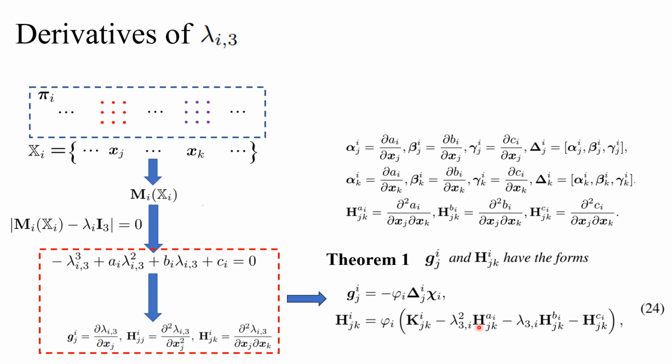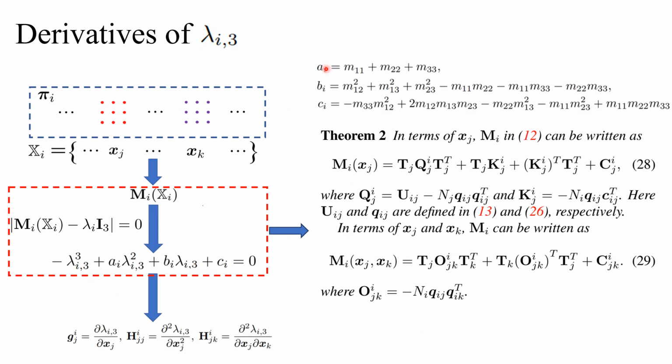These derivatives depend on the first and second order derivatives of the coefficients ai, bi, and ci with respect to the poses xj and xk. Here the coefficients ai, bi, and ci are polynomials with respect to the elements of Mi. Theorem 2 provides the form of Mi with respect to the pose xj alone and both xj and xk.